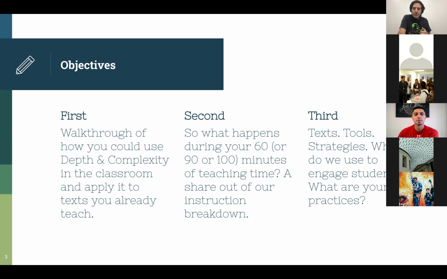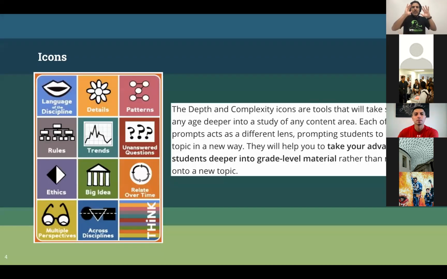All right, so this stuff was talked about a few weeks ago, depth and complexity. That little screenshot on the right is just background to provide context about these icons.